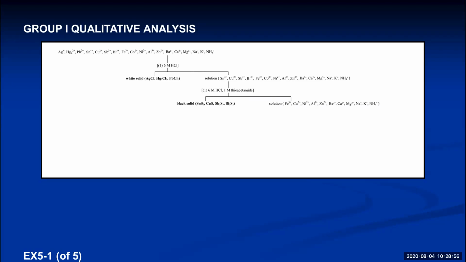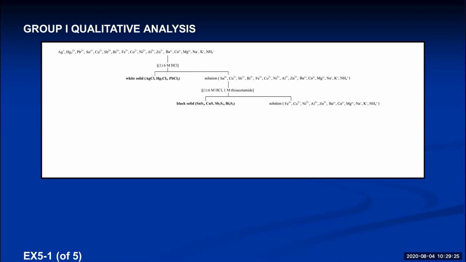Hydrochloric acid is used to make the solution acidic, and then an organic substance, thioacetamide, which if you heat it up decomposes to produce hydrogen sulfide gas, and the sulfide ions will precipitate some of the cations here. In an acidic solution, the thioacetamide will provide enough sulfide ions to precipitate out tin 4 sulfide, copper 2 sulfide, antimony 3 sulfide, and bismuth 3 sulfide.